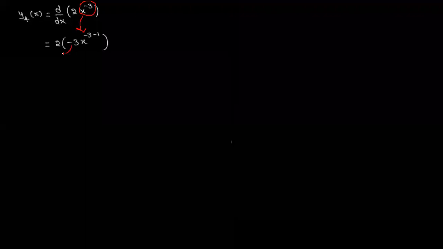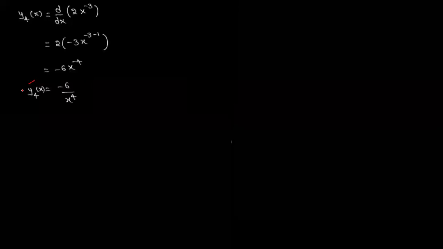On simplification, minus 3 into 2 is minus 6 x to the power minus 4. When we take this x to the power minus 4 to the denominator now, what we get is minus 6 divided by x to the power 4. So we got the derivative y4 of x. We want y4 of 1. Let us substitute 1 in the place of x here. y4 of 1 is equal to minus 6 divided by 1 to the power 4, whose value is minus 6. So we found all the requirements in the Taylor series.